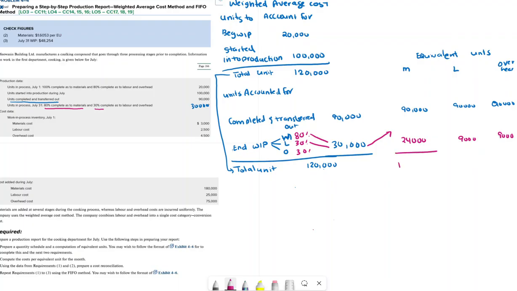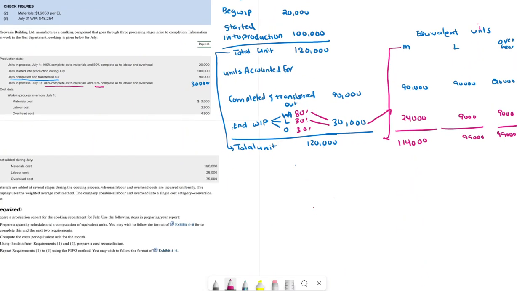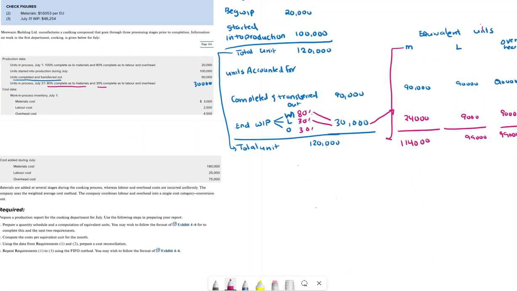If I add them, it will give me 114,000 equivalent units for material, 99,000 for labor, and another 99,000 for my equivalent units for overhead.